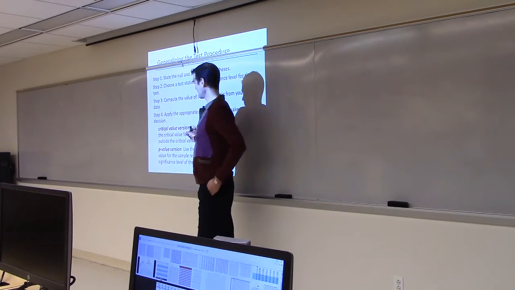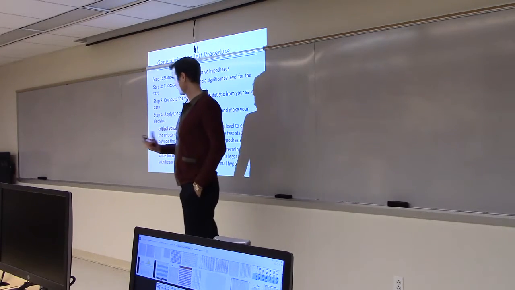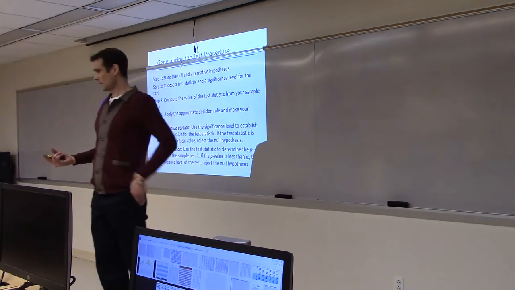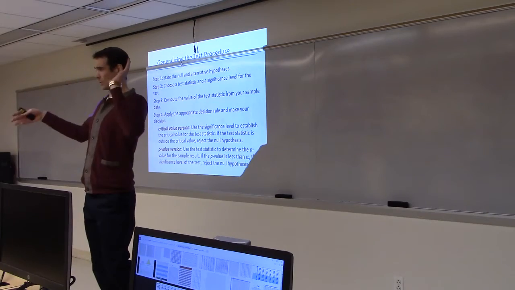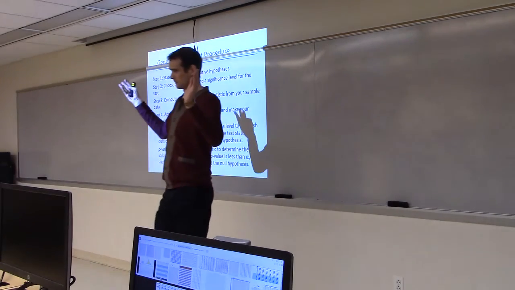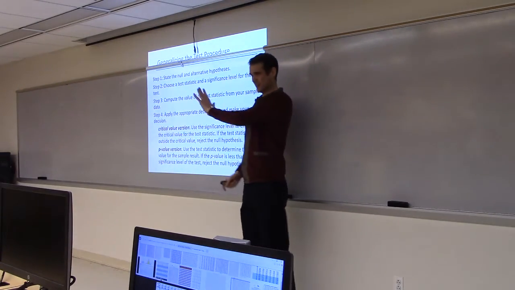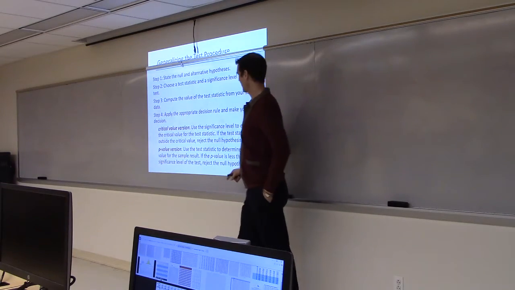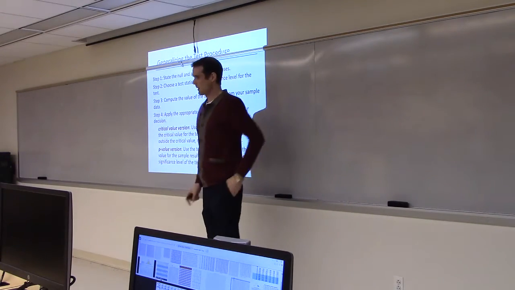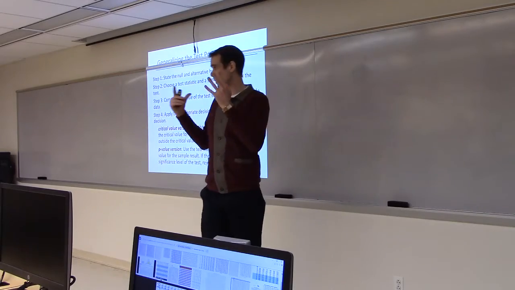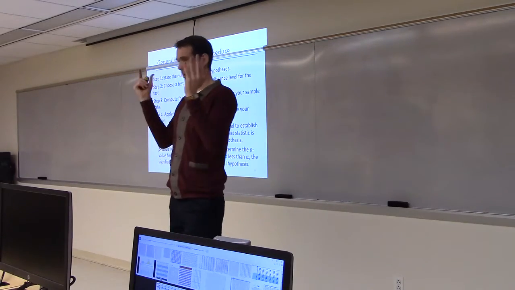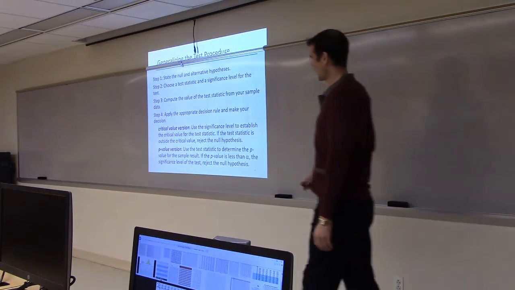Then we went back to the critical value version, which is similar to what we did with confidence intervals, with the 1.65 plus or minus, the 1.96 plus or minus, or maybe it's a one-tailed test, so we have a slightly different number. If the test statistic falls in that rejection region, whether upper, lower, or two-tailed, then we reject.